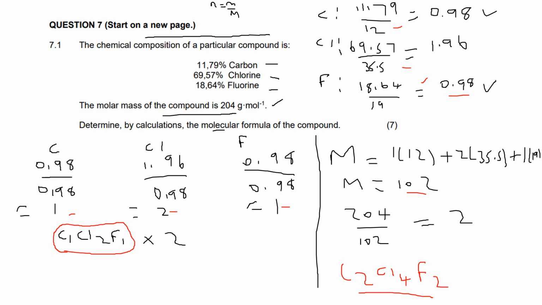Then from there onwards, you will divide the given value by the big M, which you found. Then once you get that value, you go back to your empirical formula and multiply everything by the answer that you got. If our answer was 3 here, we would have multiplied everything here by 3. But because our answer was 2, you multiply everything by 2. Then that gives you the molecular formula of the compound. Just that. So that covers that.